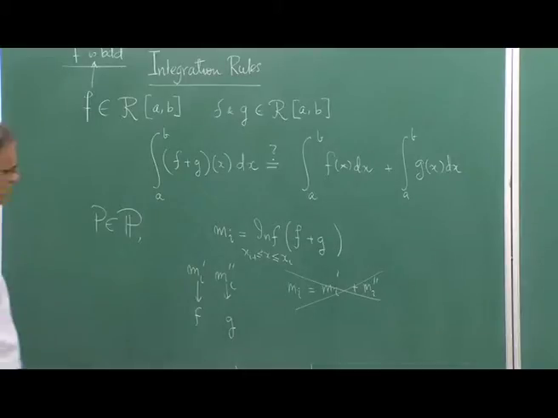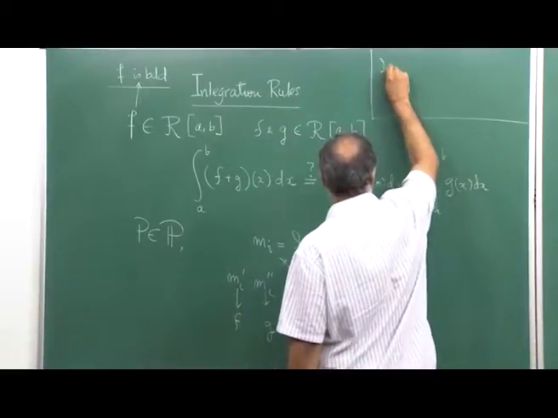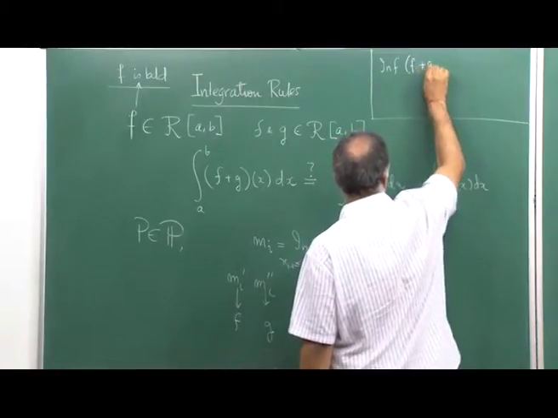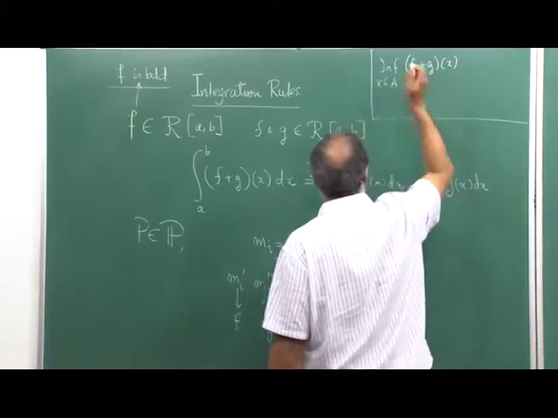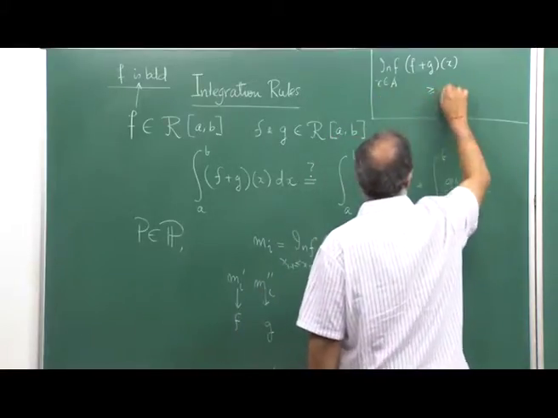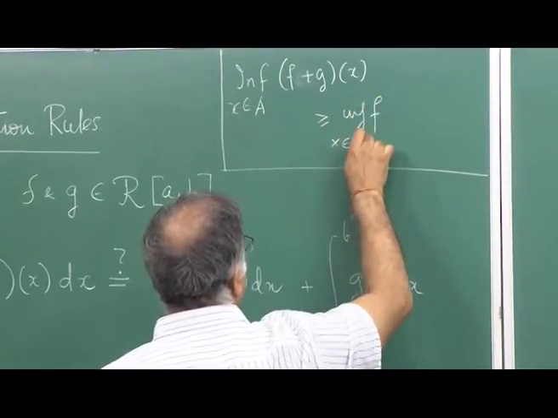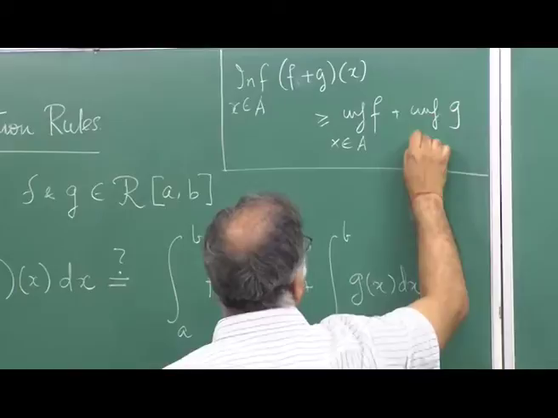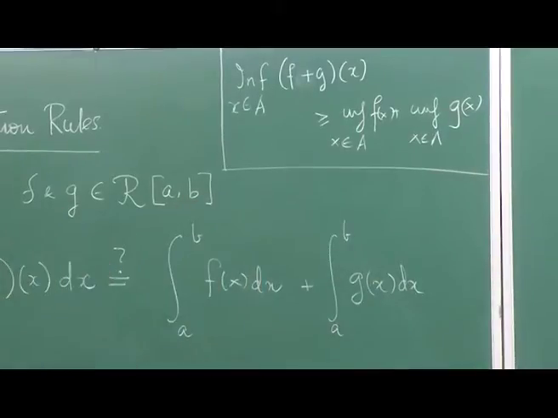I would rather tell you to go back home and try out this very simple exercise: if you are taking the infimum of f plus g of x over x belonging to some set A, it does not matter what the set A is, then this is bigger than the inf of f plus the inf of g over x in A. So, this is the actual formula, and this is something you should prove.